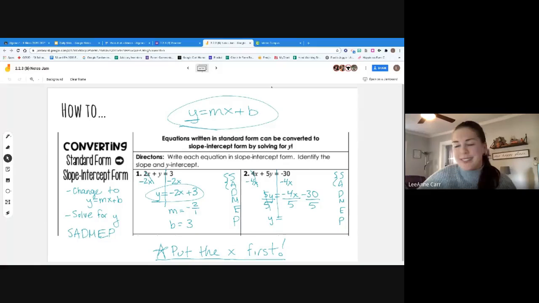So instead of giving me a decimal, because we don't like decimals in this unit, remember, we're just going to leave it as a fraction. I'm just going to leave it as -4/5. And then the x stays. And 30, we can divide by 5 if you type that in or you're quick with your mental math. It's -6. All right, so from here, we'd be able to pick out our slope and our y-intercept and graph it.